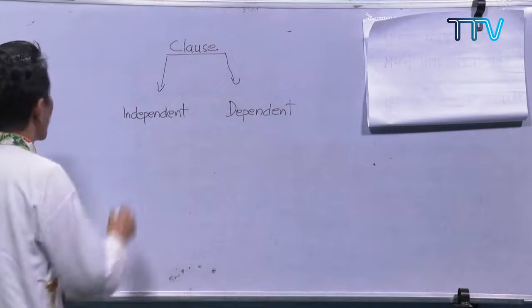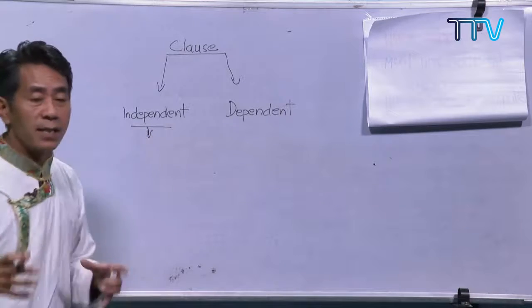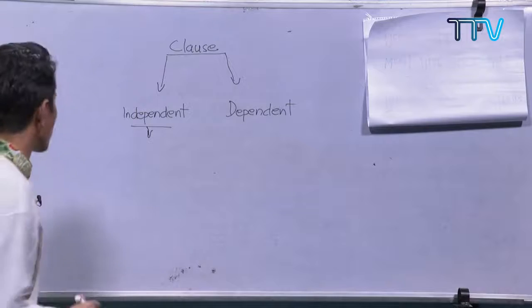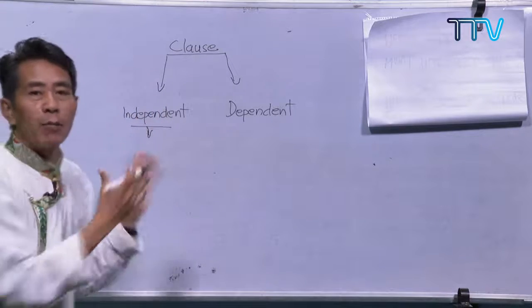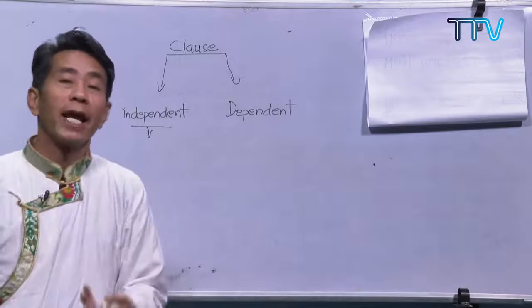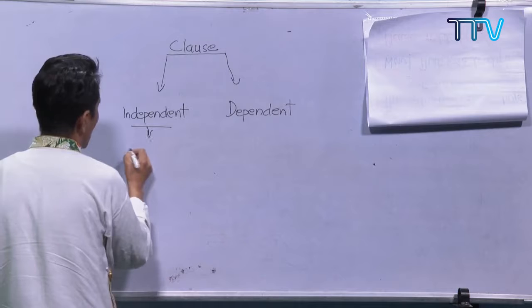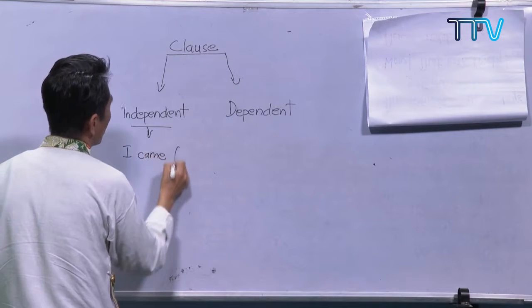When I say a compound sentence is made up of two independent clauses, independent means, look at the word itself, it does not have to depend on any other thing. So, the sentence: I came from McLeod.